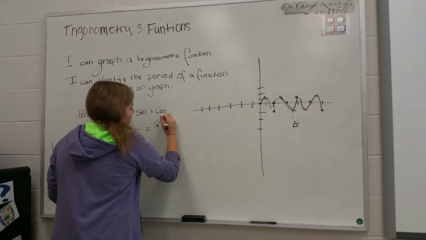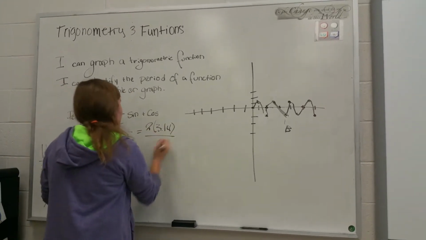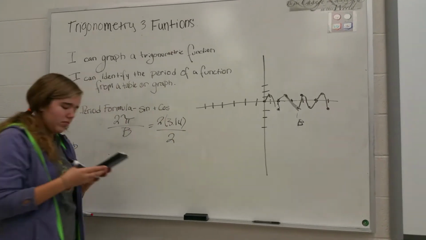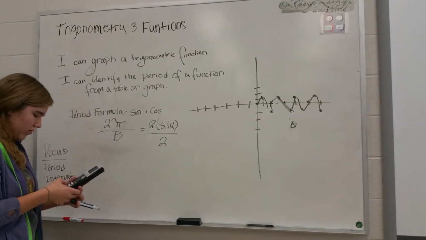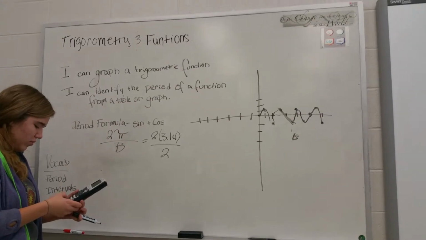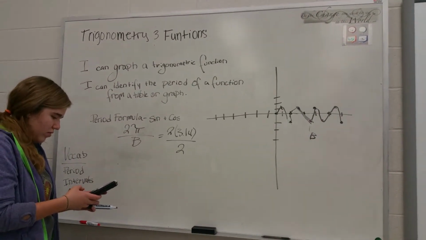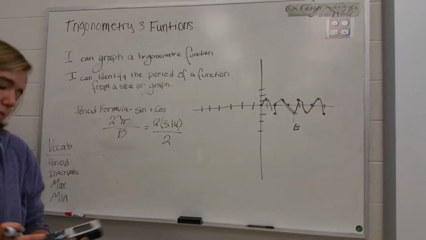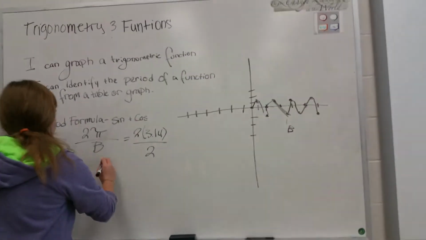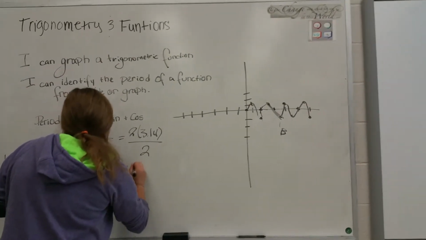So you have 2 pi, and we'll substitute 3.14 for pi, divided by 2. So, divided by all that, our period would equal 3.14.